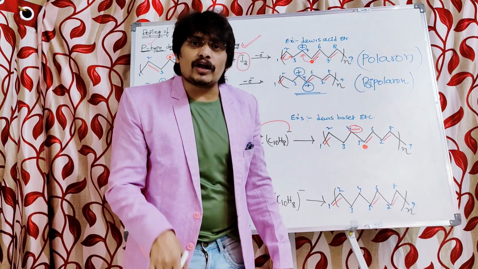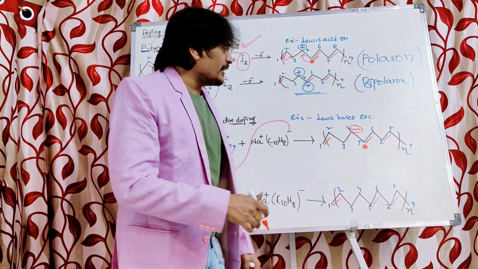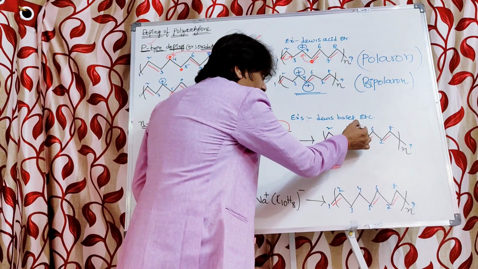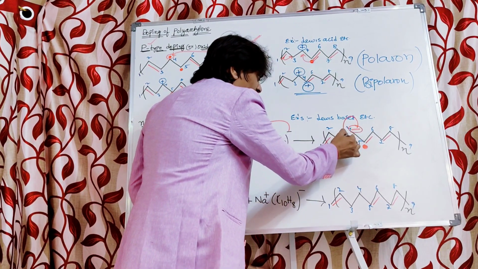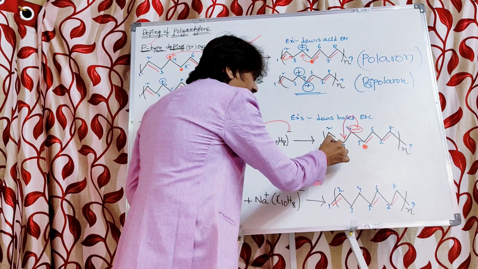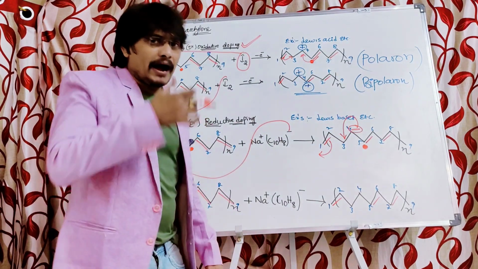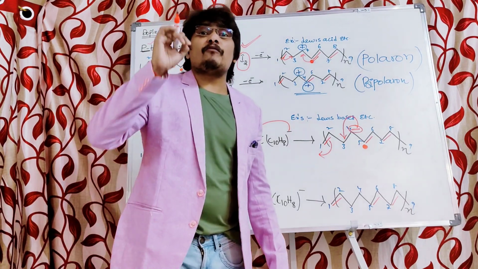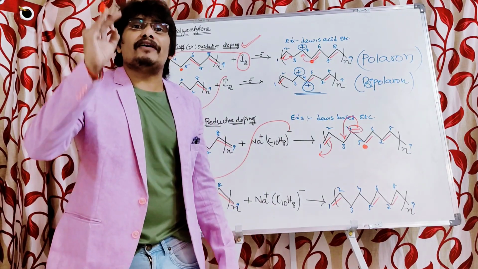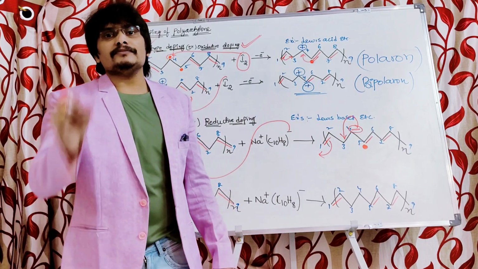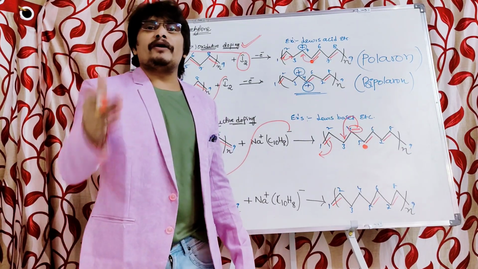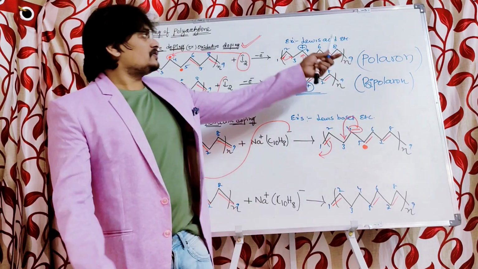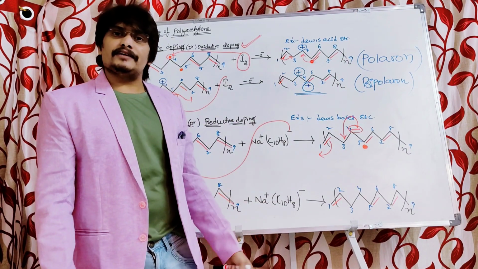So what will it do now? This negatively charged carbon will enter into the chain rapidly, by which the movement of pi electrons becomes very fast. So movement of electrons is fast, same conductance.